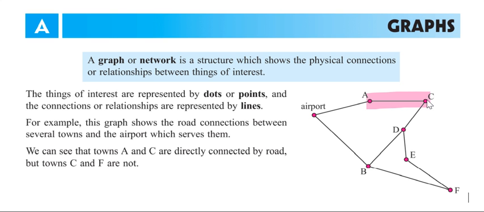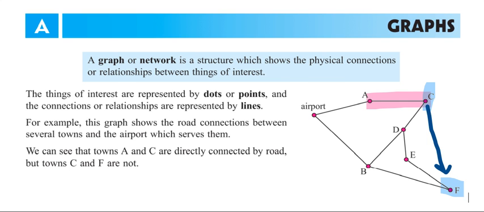But towns C and F, which is this one and this one, are not connected directly through a road. There is no road directly connecting them over here, so that's why this is not connected. Only A and C, airport and A, airport and B, B and D, D to C, etc. are all connected, whereas C to F is not connected.